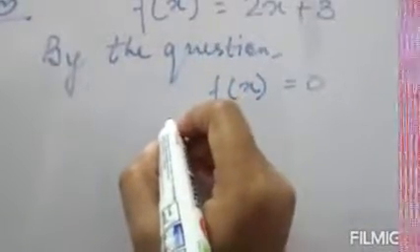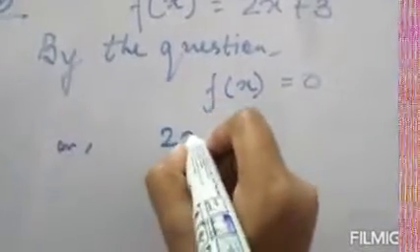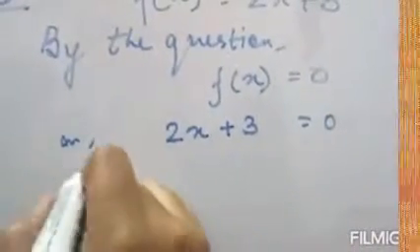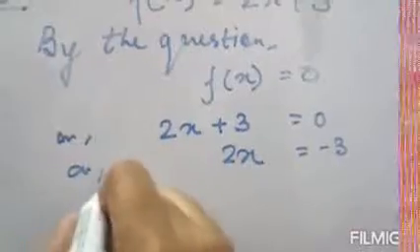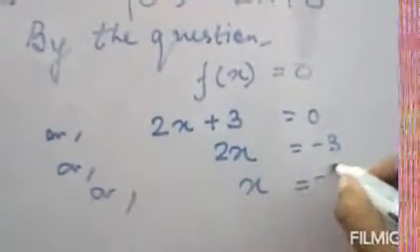What is f(x)? f(x) means 2x plus 3 is equal to 0, or 2x is equal to minus 3, or x is equal to minus 3 by 2.